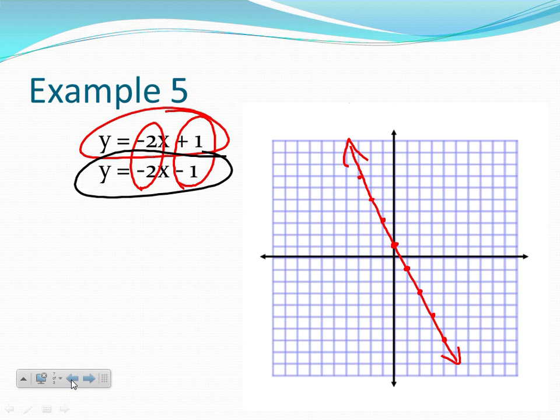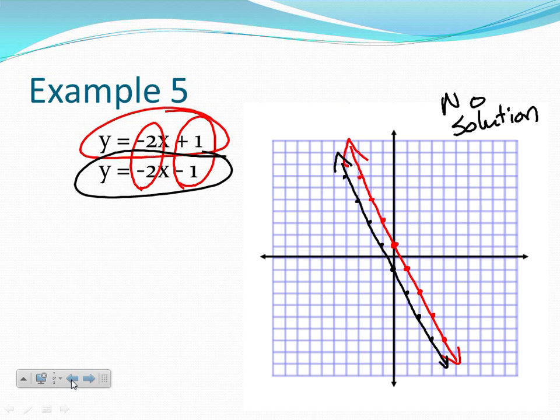I'm going to start at negative 1, and then I'm going to travel the same rate. Down 2, right 1, down 2, right 1, down 2, right 1, up 2, left 1, up 2, left 1, up 2, left 1. So where do they cross? Nowhere. So the answer is no solution.